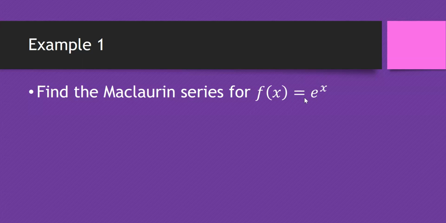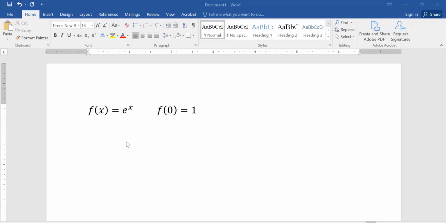So let's do an example here. Let's take e to the x and find a Maclaurin series for f of x equals e to the x. What we have to do is start with f of x equal to e to the x. We'll take a bunch of derivatives of this and then start plugging in 0. Again, we're plugging in 0 because my Taylor series is centered at 0, which makes it a Maclaurin series.